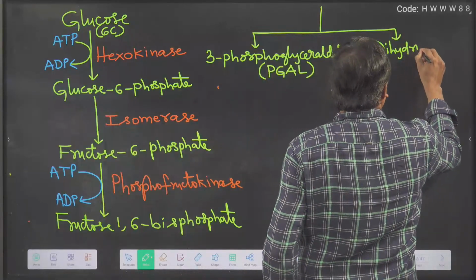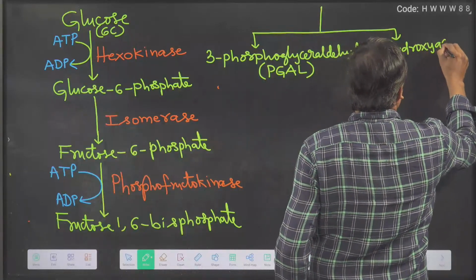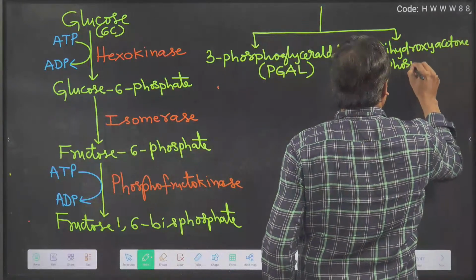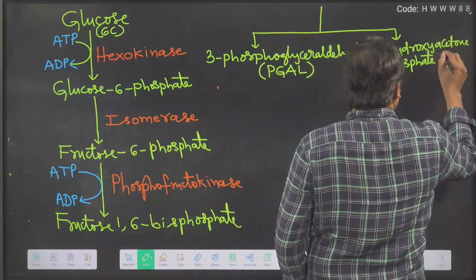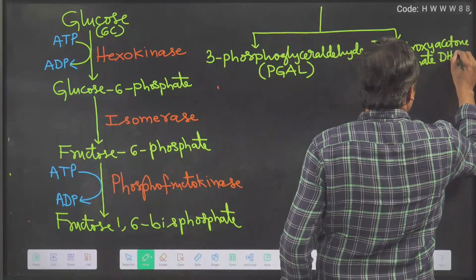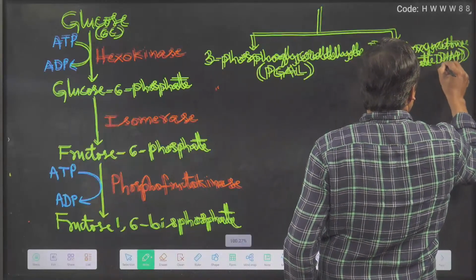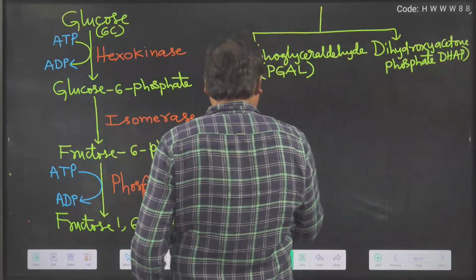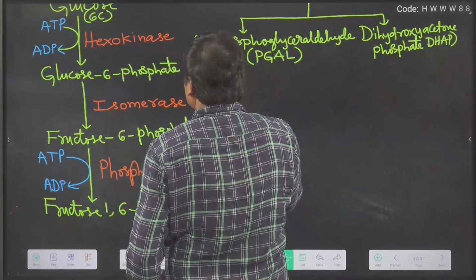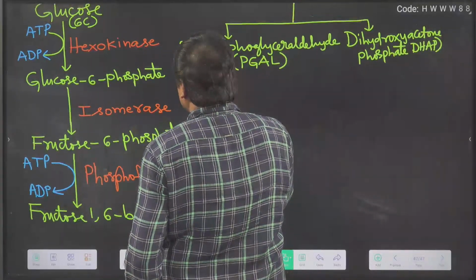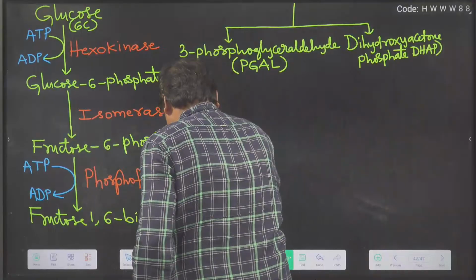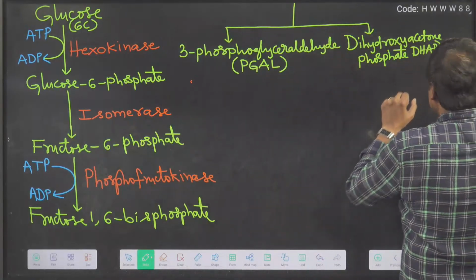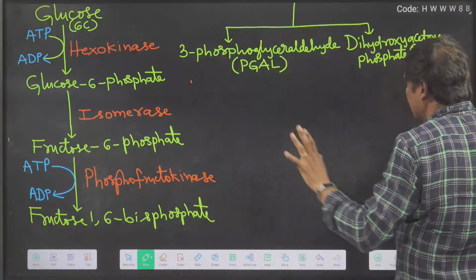Dihydroxyacetone phosphate. In shortcut, you can call it DHAP. So one molecule of PGAL and one molecule of DHAP are formed.